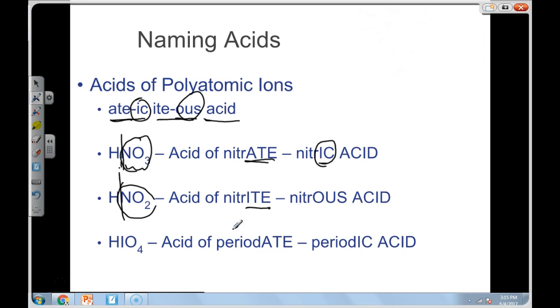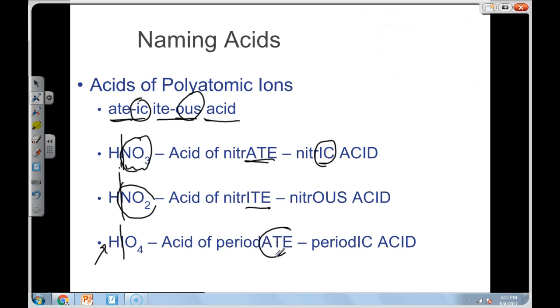Another funny example, where we finally get used to the periodic table, is the periodate ion. It's got one more oxygen, all that stuff from naming polyatomic ions. And it's an acid, we know, because it's got this H out front using the Arrhenius theory. So this is the acid of the periodate ion.